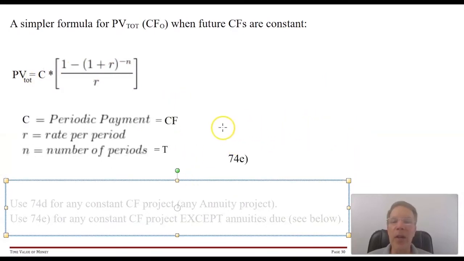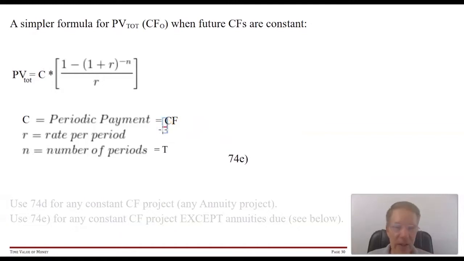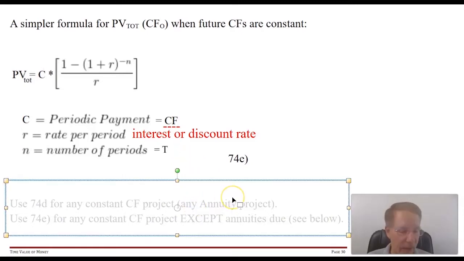C is the periodic payment, which we have been calling CF on the other page. r is the rate, the interest rate or discount rate. And N is the number of periods, the number of times this constant cash flow gets paid out. We've been considering that as T, like 5 years, 5 payments, that type of thing.